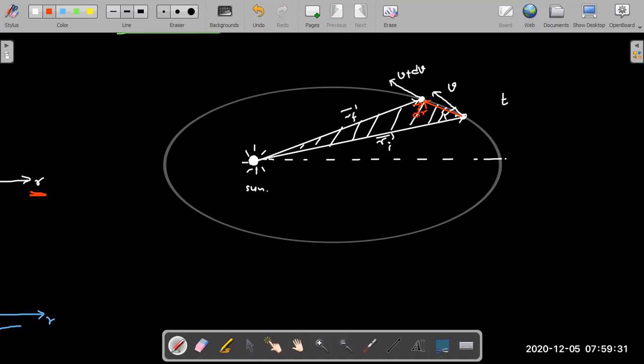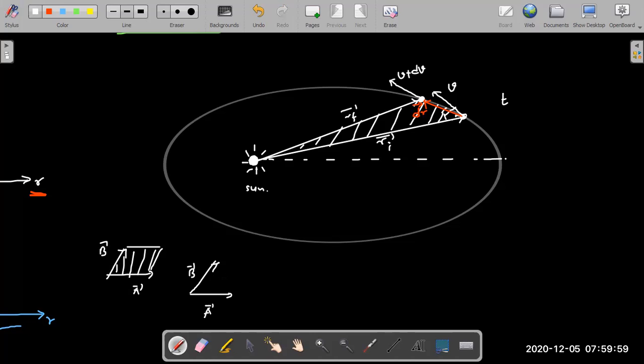Another thing from vectors, if you remember: if this is A bar and this is B bar, and we construct a parallelogram using A bar and B bar, then A bar cross B bar represents the area of the parallelogram. So for the area of a triangle, it is half of A bar cross B bar.